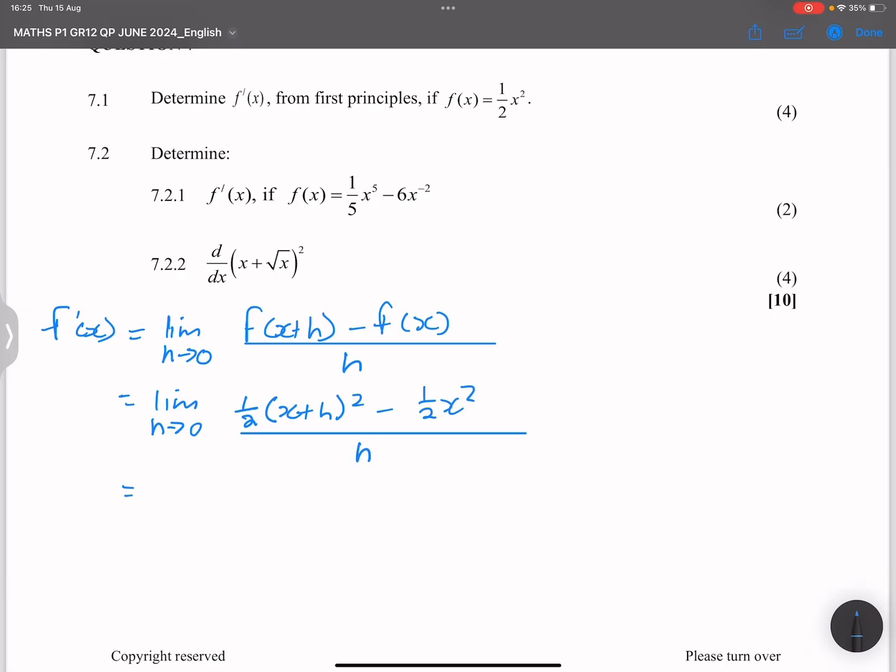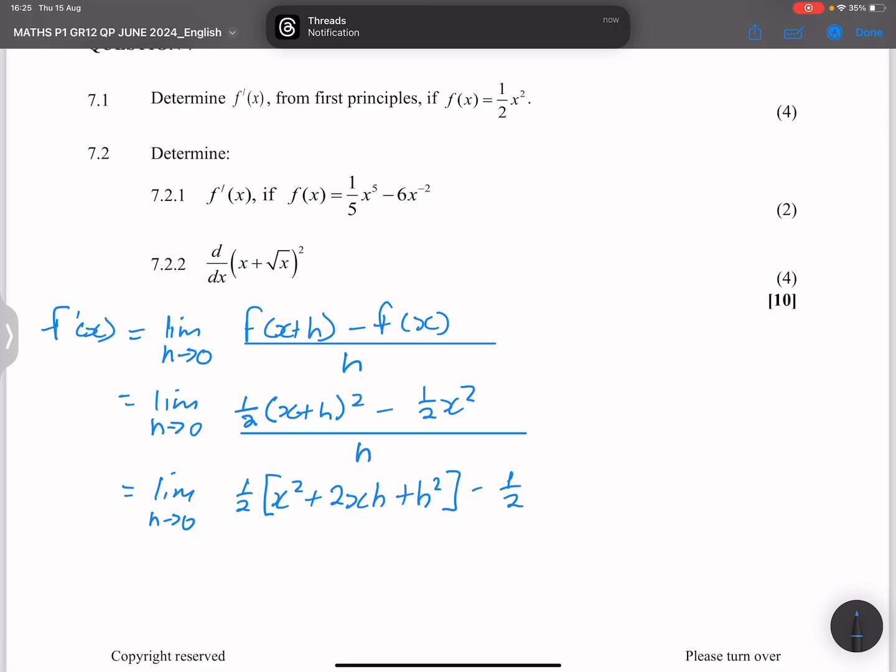Then for the next one, this would be a half. Remember, inside your bracket, you've got x squared plus 2xh plus h squared minus a half x squared divided by h.